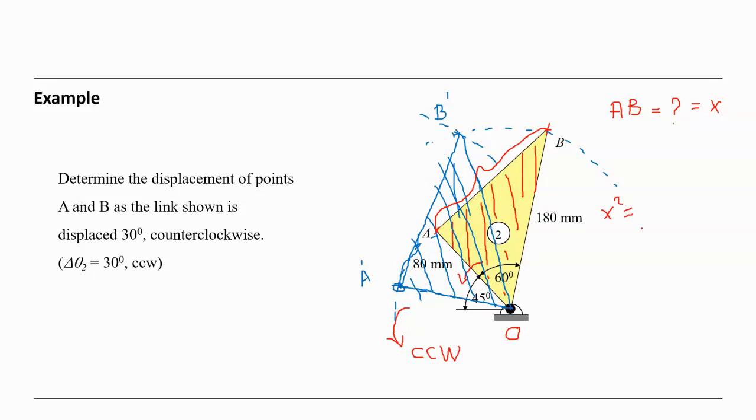X squared is equal to 80 squared plus 180 squared minus 2 times 80 times 180 times cosine 60.